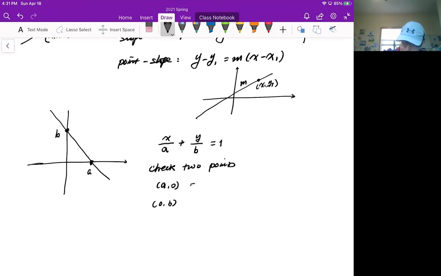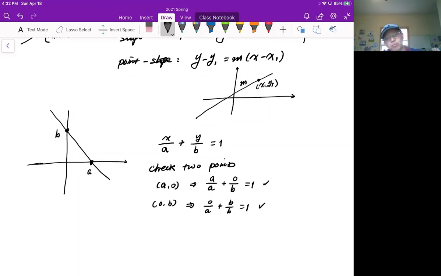So let's check that. For the first one, (a, 0), so x equal to a, I get a over a. y is equal to 0, so 0 over b, and that's equal to 1. You see that? So the first point satisfies the equation, right? Second point, you do the same thing. x equal to 0, 0 over a, and then y equal to b, b over b is equal to 1. So that's also fine.